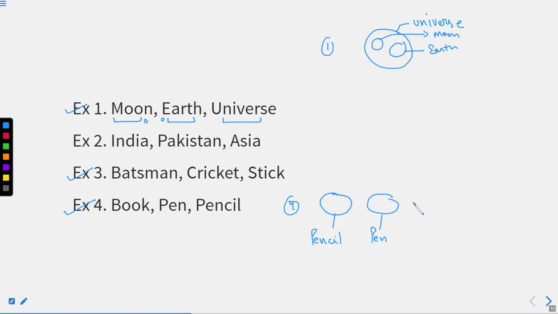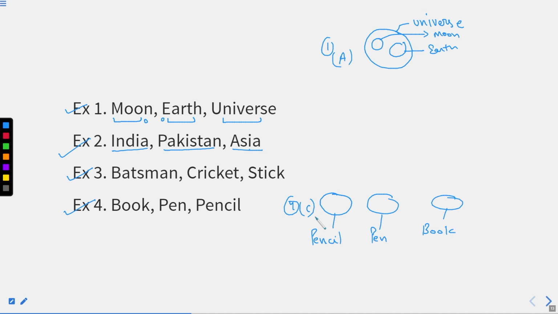Now a book. Don't you think there is any relation between a book and a pencil? No. So we'll mark book as a separate entity. You can see that all three different circles are representing this, and this is represented in option number C.